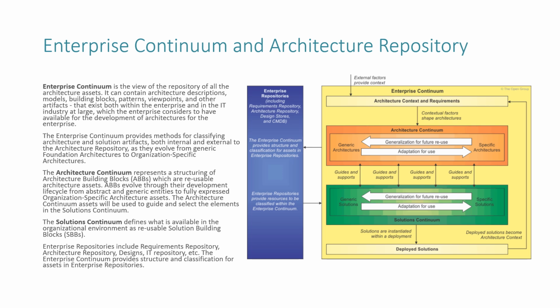The practical implementation of the continuum is the architecture repository. You can assume that the architecture repository is the repository where we put all these artifacts, whereas the enterprise continuum is like an interface that tells us how we organize the contents within the architecture repository.